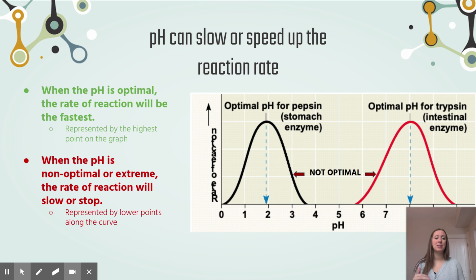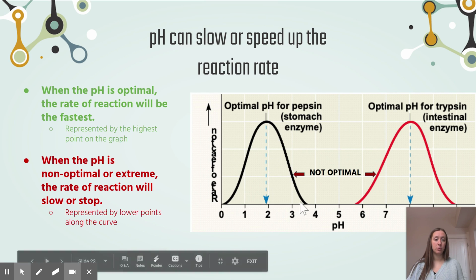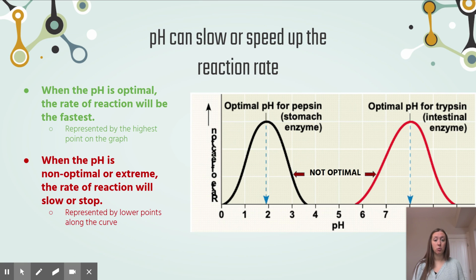That means pepsin is not able to do any reactions in a pH of 5. If I compare that to a pH of 3, it could still do a couple of reactions, but it would be a lot slower. Since the rate is lower on the y-axis, that means it will be slower.